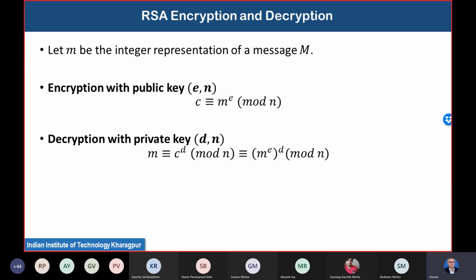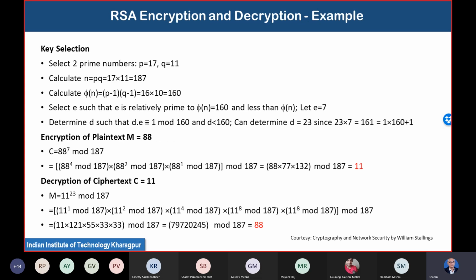This is simple modular arithmetic. If we replace c with m raised to the power e mod n, and simplify, we get m raised to the power ed mod n, and that gets back to m. We take an example here which will clarify the whole thing.